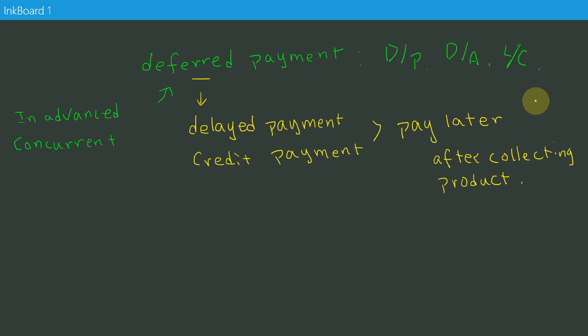So delayed payment, credit payment. This is deferred payment. We have DA and DP, and one more thing I have omitted is OA. Sorry about this. OA is open account. So we will go into detail on each of these in turn. DP.